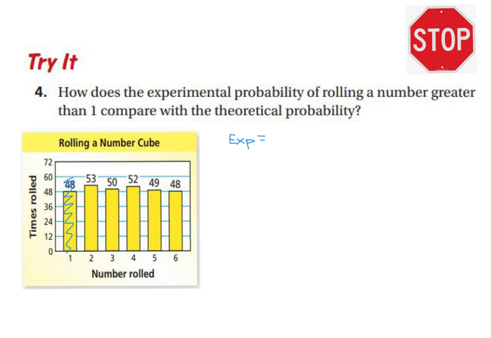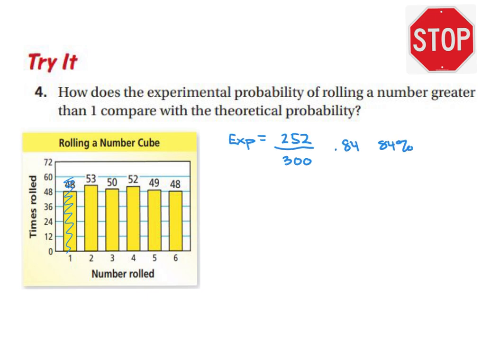And we get 252. That's how many possible ways there are to not get a 1. Or, in other words, to get a number greater than 1. And there were 300 times that the number cube was rolled. So 252 divided by 300 is 0.84, or 84%.